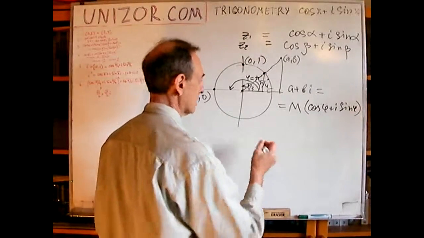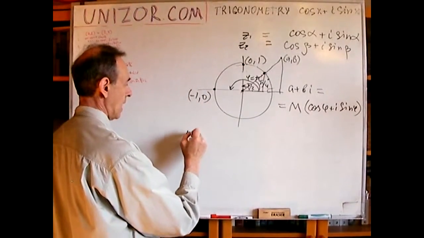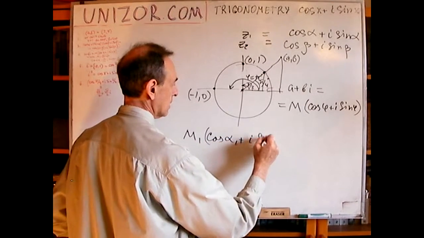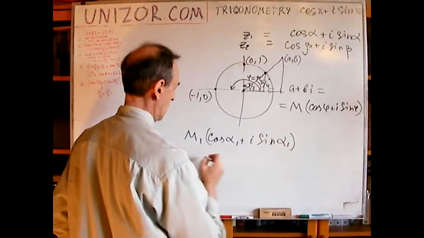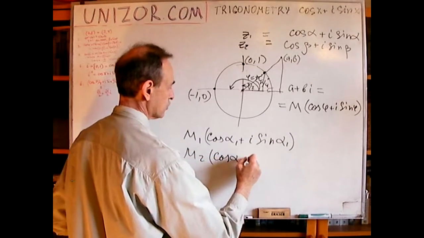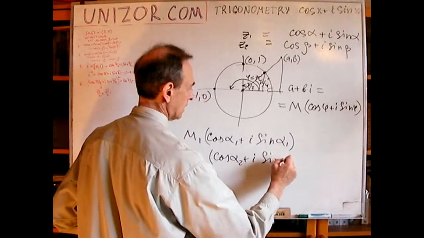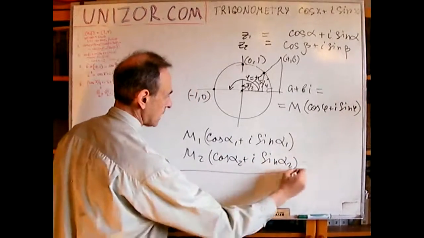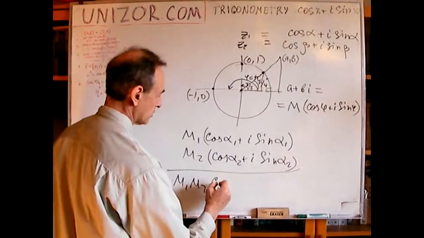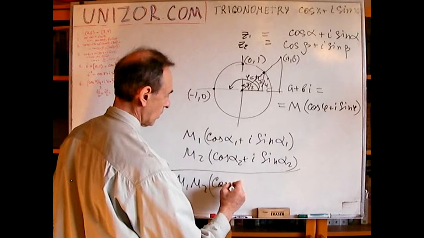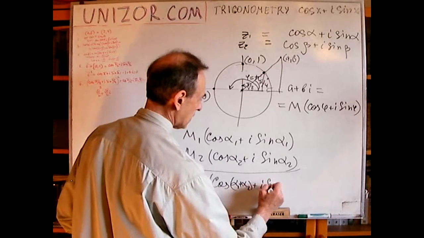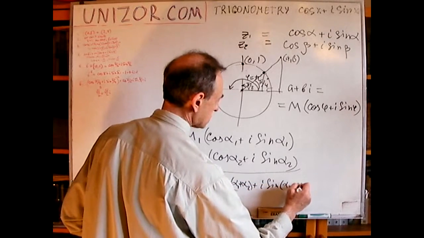So if I have m1 times cosine alpha 1 plus I sine alpha 1, and I multiply it by m2 times cosine alpha 2 plus I sine alpha 2, I will get as a result m1 multiplied by m2 multiplied by cosine of alpha 1 plus alpha 2 plus I sine of alpha 1 plus alpha 2.